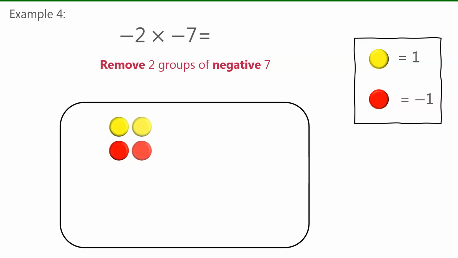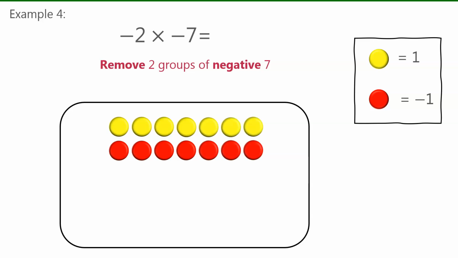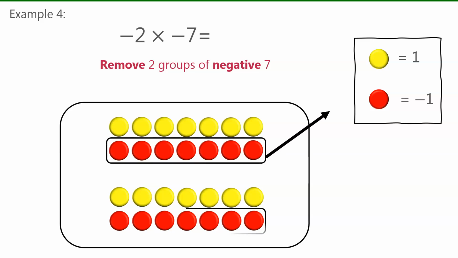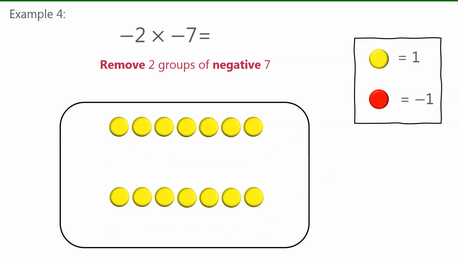So add in 0 pairs until I have enough to take out 7 negative tiles. So there's 7 negatives, so I could remove those, but I need 2 groups of 7 negatives. So I'll add in another group of 0 pairs, and now I have 2 groups of negative 7 that I can remove. And when I do that, I have 14 positives remaining.